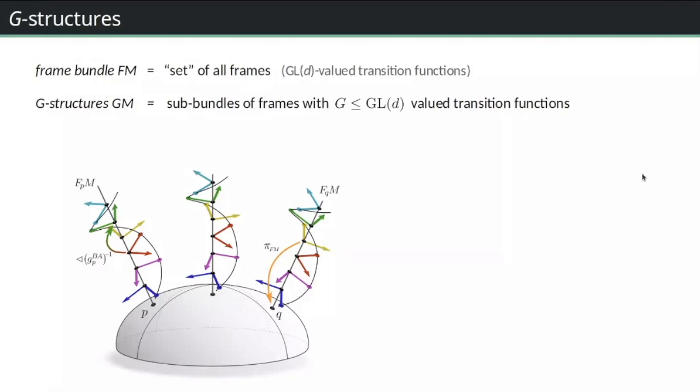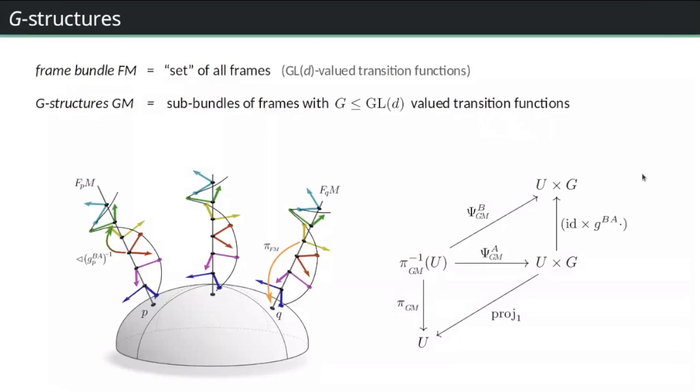So for instance, this image here doesn't actually show all reference frames at one point, but you see that these reference frames are only related by rotations. So this should actually be an SO2 structure on the manifold, what you're seeing here. And for the mathematicians here, the G-structure is a principal bundle, and we can locally trivialize it. So if we look at the local neighborhood U around some point, we have pi inverse of U. This is the bundle over this local neighborhood U, which we cut out.